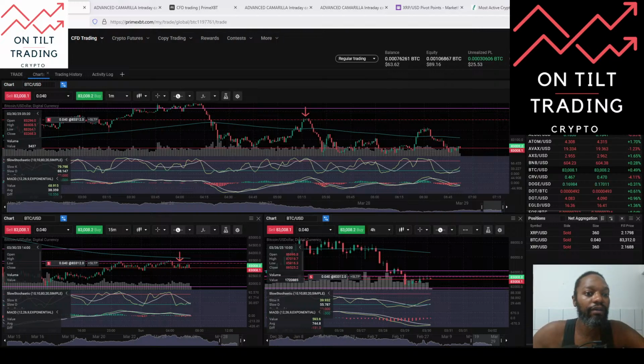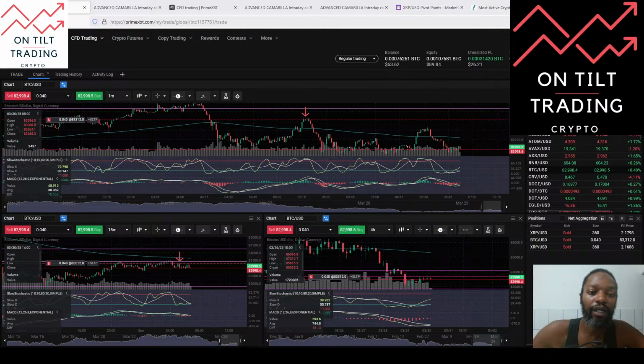The way that Bitcoin set up this morning, I was only able to take it below the R3 level. We can see here there's a breakdown of the R3 level after testing it here a little earlier this morning. Sold off really nicely.